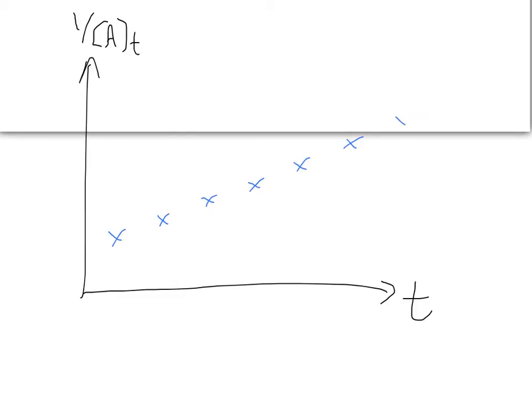Okay, it's got a positive slope, so rate constants are always positive. Also, the concentration of A has got to be going down with time. And when you take the reciprocal, something that's getting smaller and smaller, the reciprocal is getting bigger and bigger. So we know with time, it's going to have a positive slope.